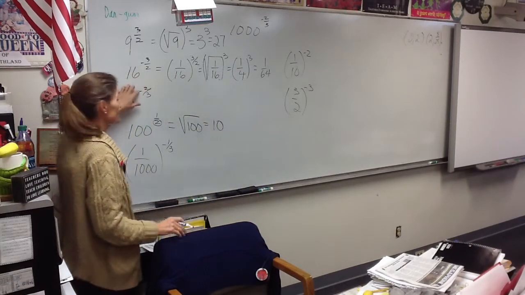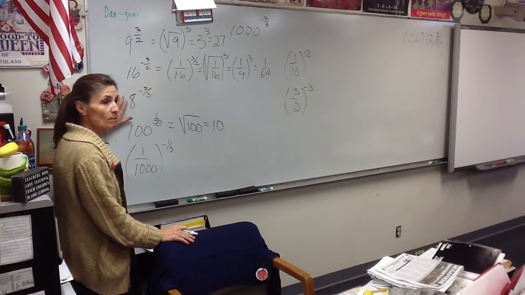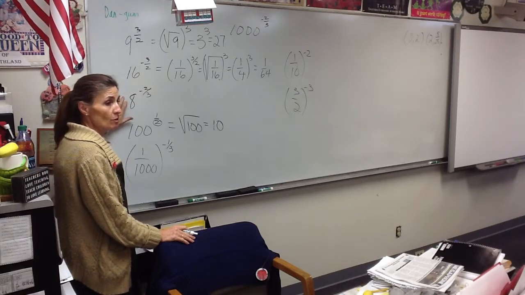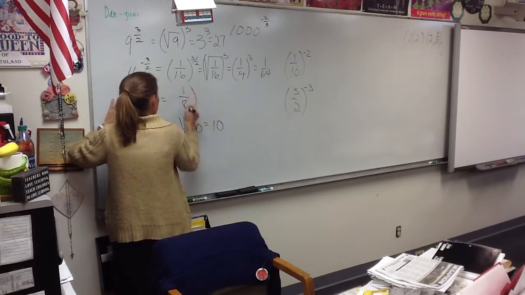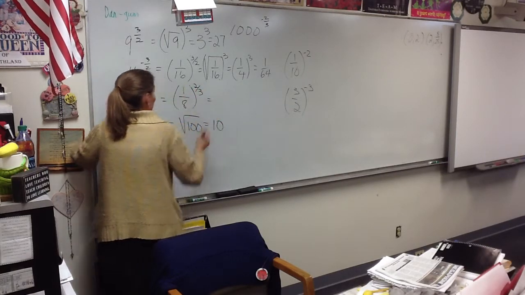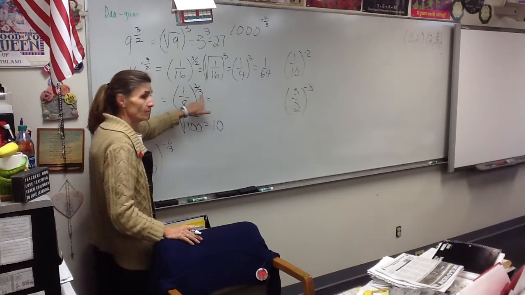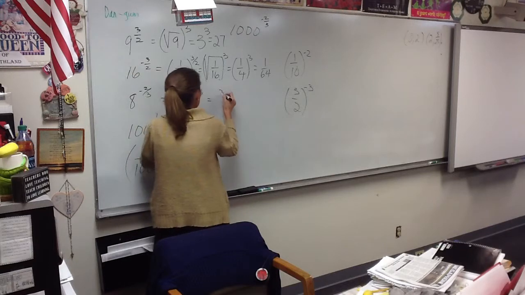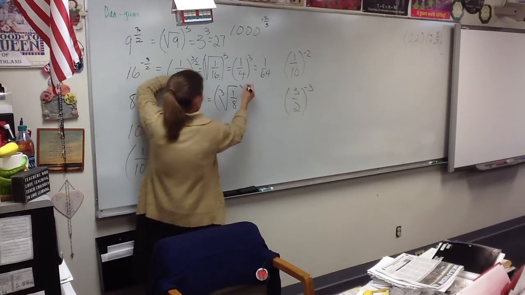So this is a negative exponent. Thank you, Rachel. So what am I going to do? 1 over 8. This becomes 1 over 8 to the 2/3 power. What does the 2/3 power mean? Cube root and then squared.